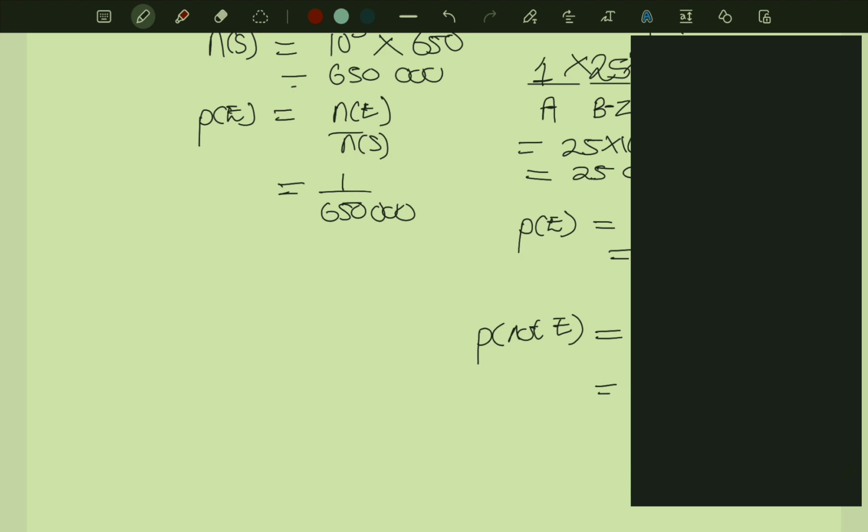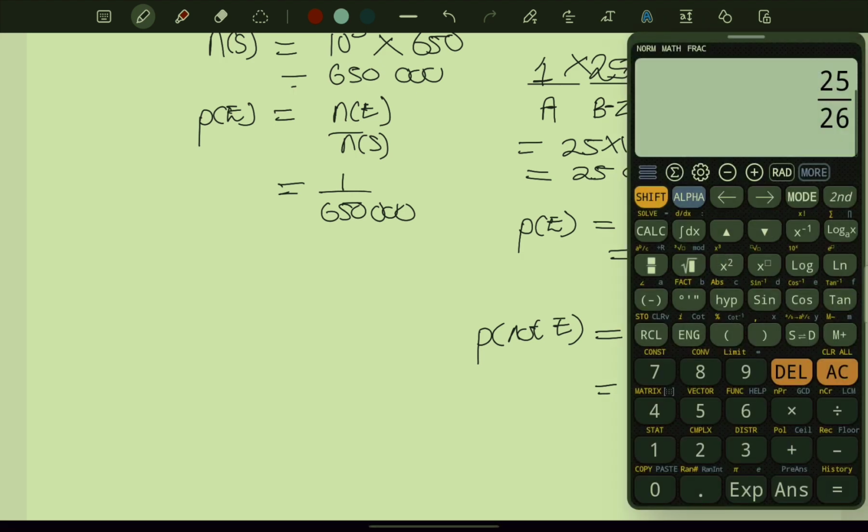If we punch that into our calculator, 1 minus 25,000 divided by 650,000, we can clearly see that the answer is 96.15%.